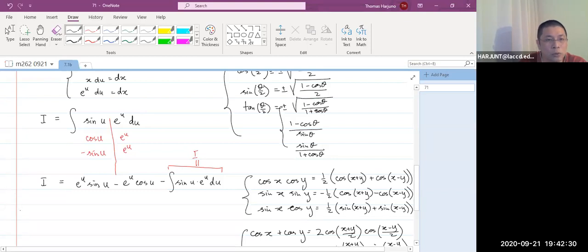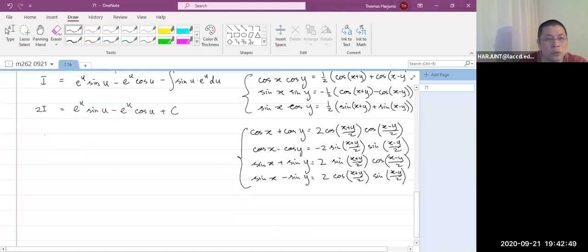Okay, so 2I equals e to the u sine u minus e to the u cosine u plus constant. So the I will be 1/2 e to the u sine u minus 1/2 e to the u cosine u plus another constant.